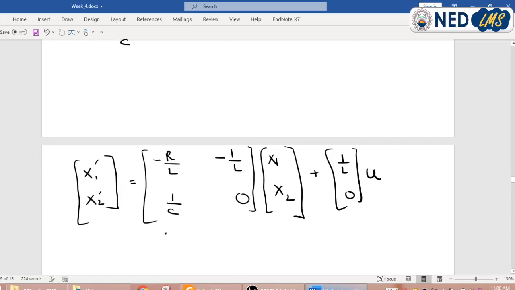If I say my capacitor voltage is the output, then the voltage of capacitor is x2, so I will write 0, 1.